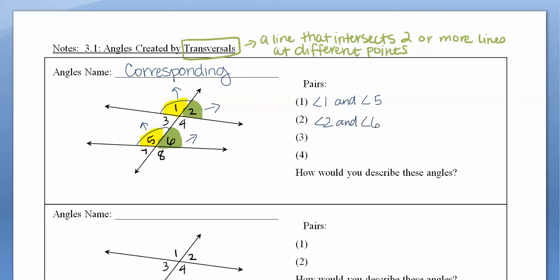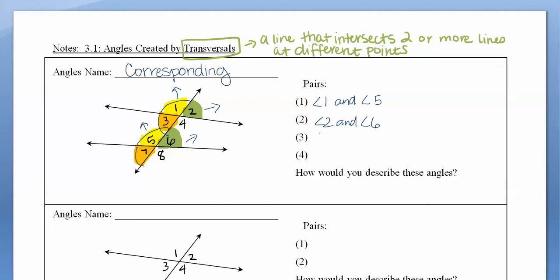Okay, let's keep going. Let's get a different color. Alright, so then we have angle 3 down here, which is sort of on the bottom left. That one goes with angle 7. So angle 3 and angle 7 correspond. This one's on the bottom left and this one's on the bottom left.